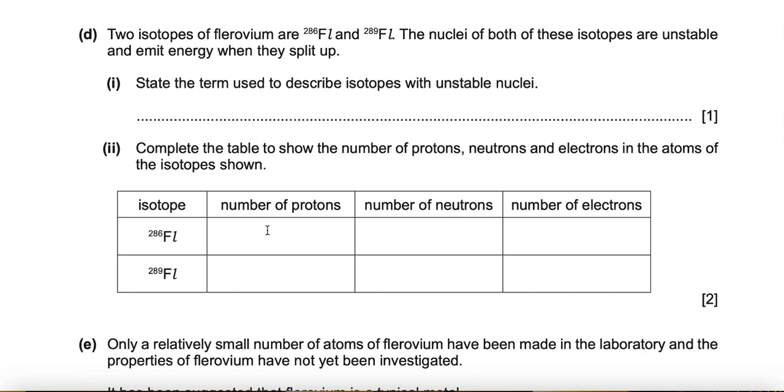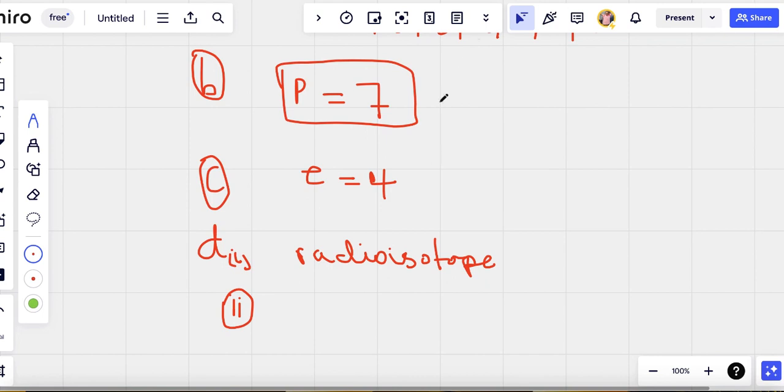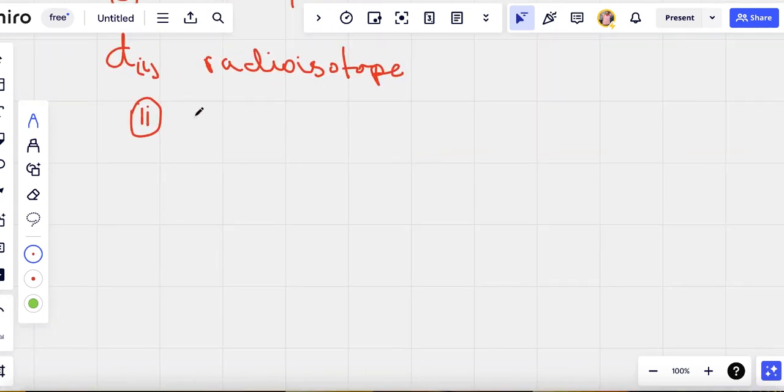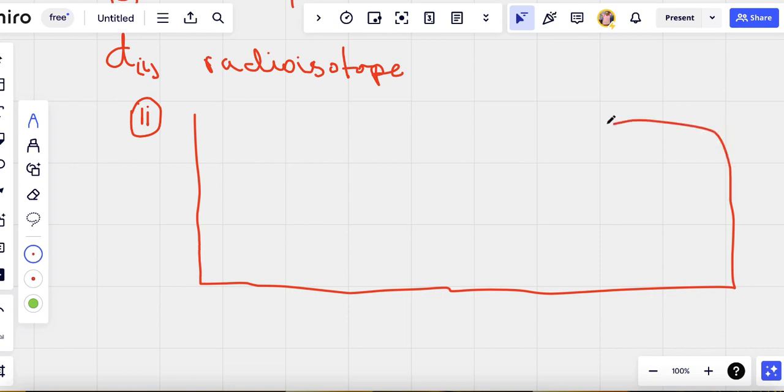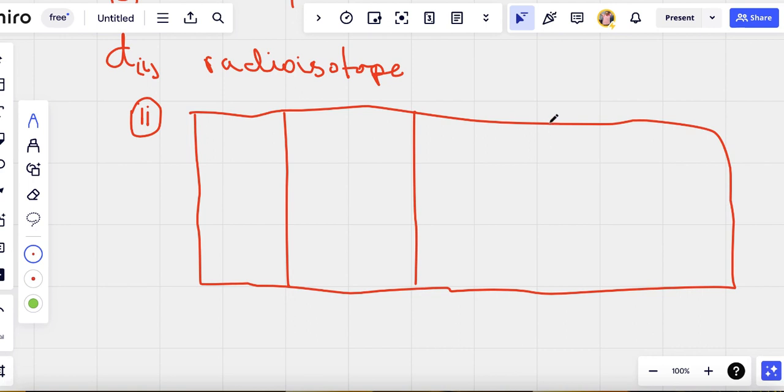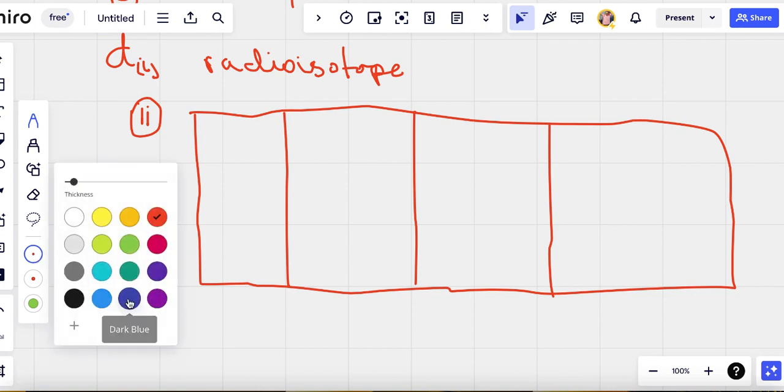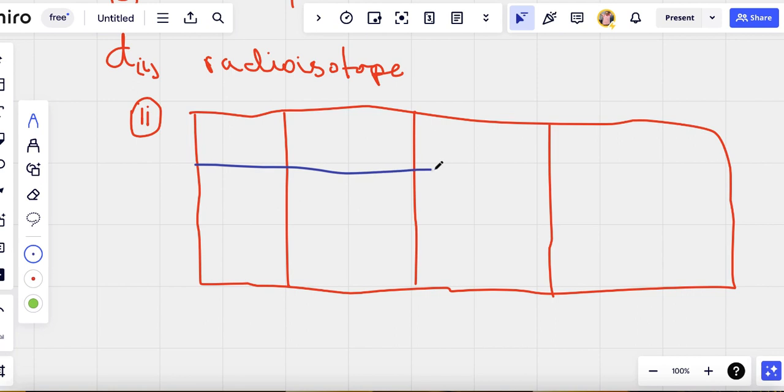So here, let's make this table. Isotope, number of protons, number of neutrons, number of electrons. Here we have isotope.